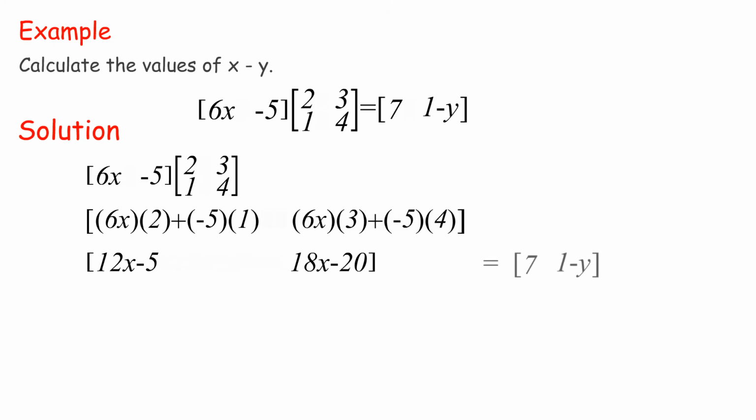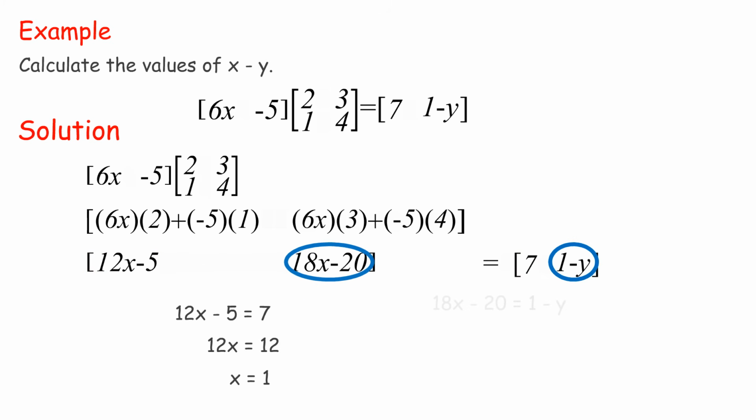Comparing the corresponding elements, 12x minus 5 equals 7, 12x equals 12, x equals 1. 18x minus 20 equals 1 minus y. 18 times 1 minus 20 equals 1 minus y. -2 equals 1 minus y. y equals 3.